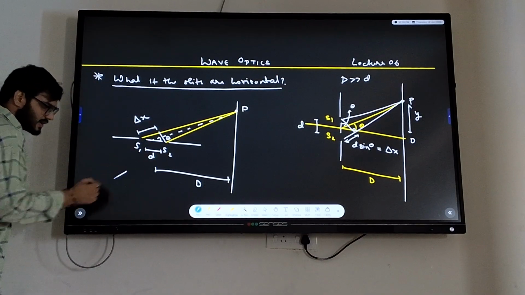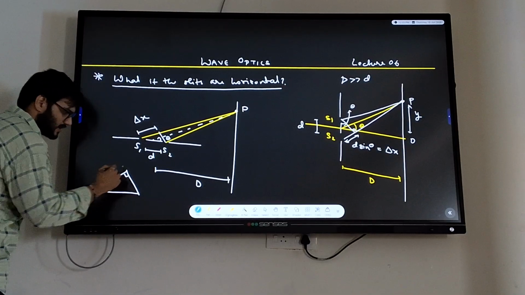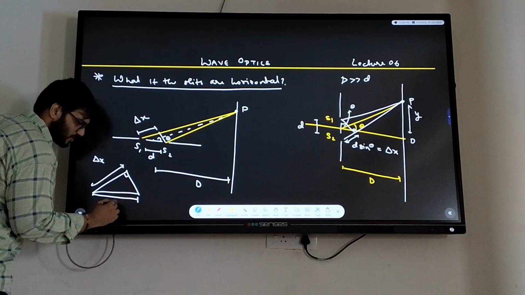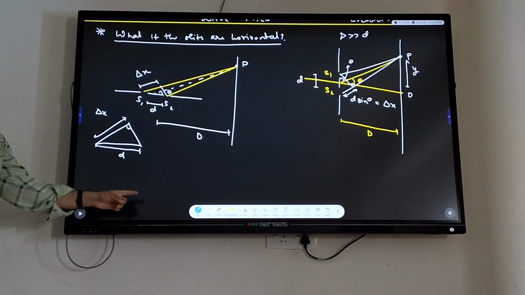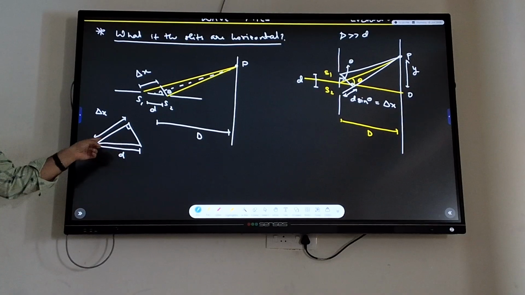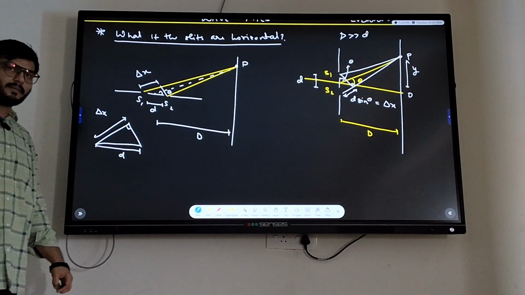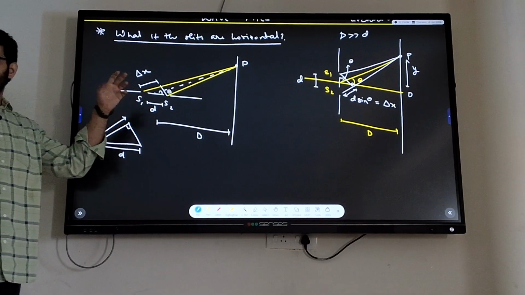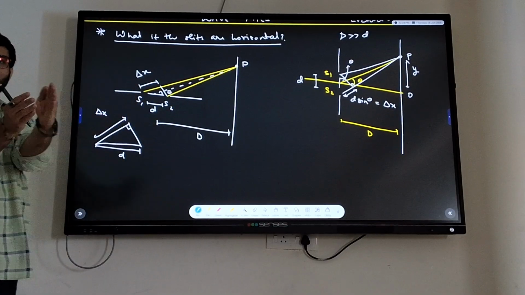Let me redraw the diagram. So this is my perpendicular, this is what you want to find, delta x, and this length is given to be small d, na? And now you have to determine what should be the angle theta. Should it be this angle or this angle? The left one. Why the left one? Because those are parallel. Those two are approximately parallel, na? These two, they are going to be very, very close to each other.